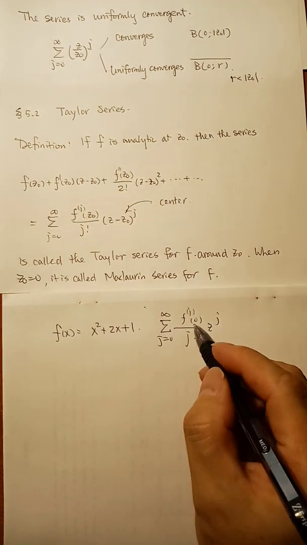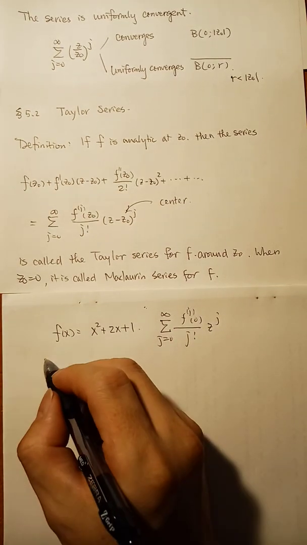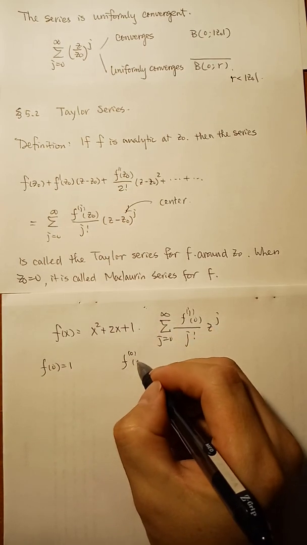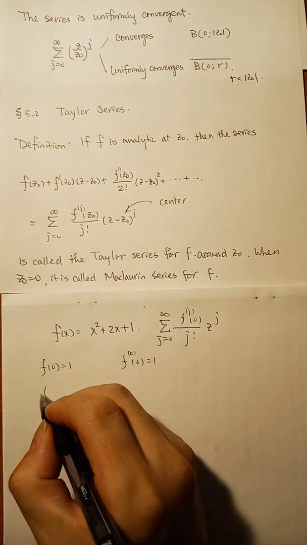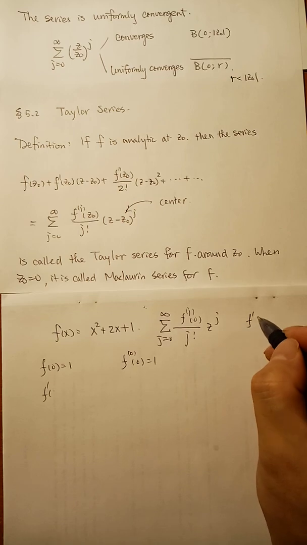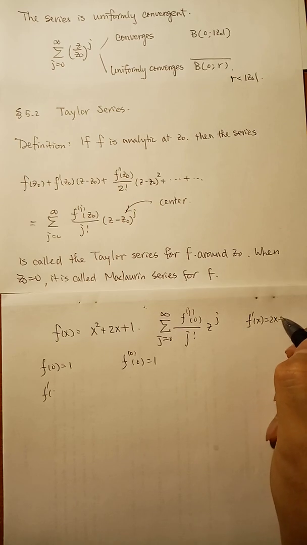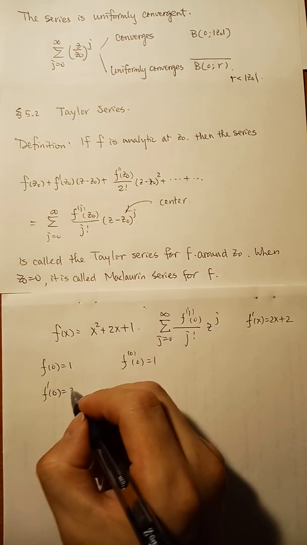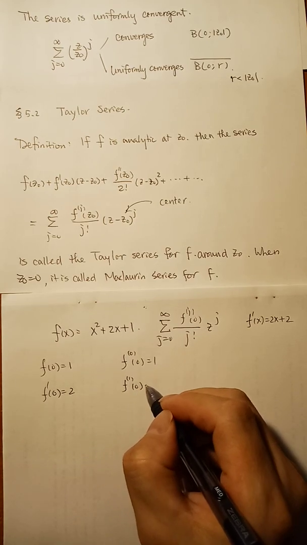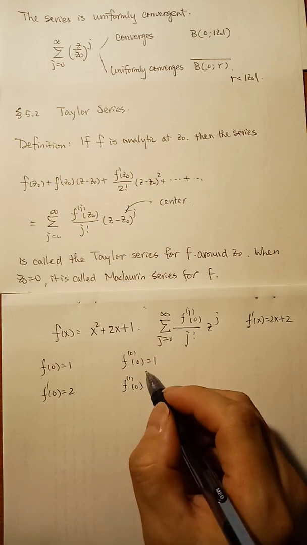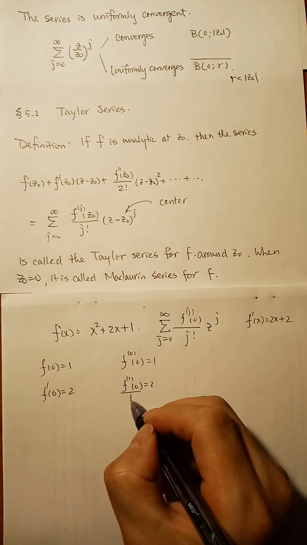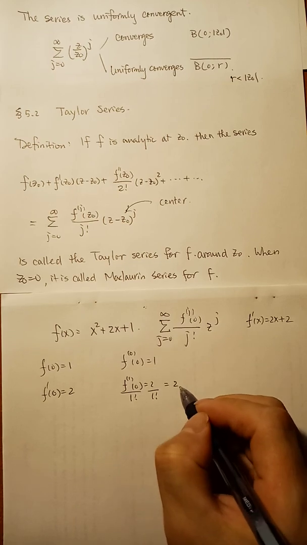You need first the evaluation at 0. The evaluation at 0 is 1. So f of 0 is 1. And the derivative f prime of x is 2x plus 2. The derivative evaluated at 0 is 2. So the first derivative evaluated at 0 over 1 factorial is still 2.